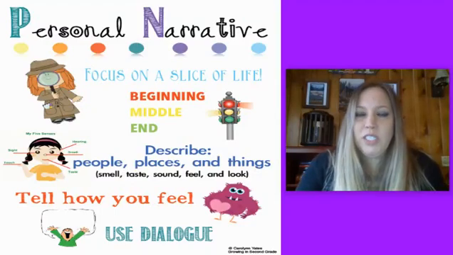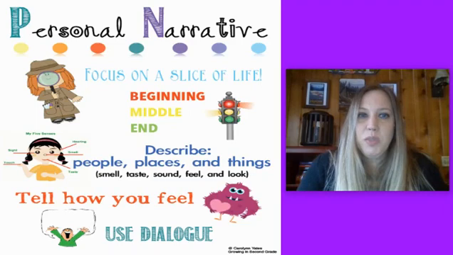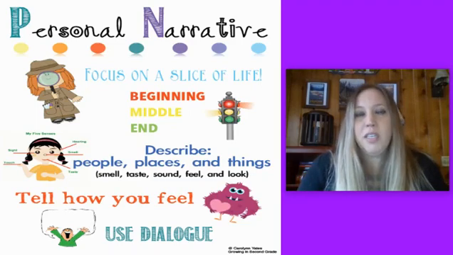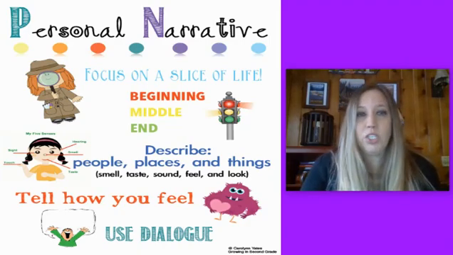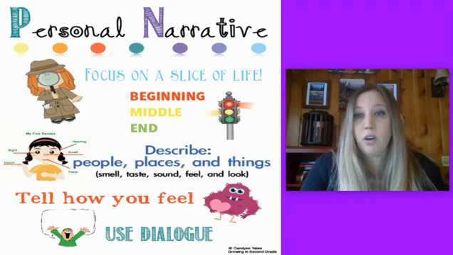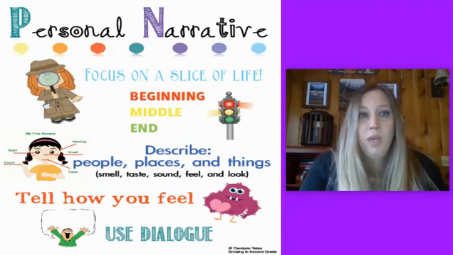So the first one gives you some information about what a personal narrative is. The difference with the personal narrative and the opinion writing that we've done and the informative writing that we've done is that this is going to be a story. The other ones, you're providing information and you're providing an opinion or you're telling about that information. A narrative is going to be a story. You're narrating a story.